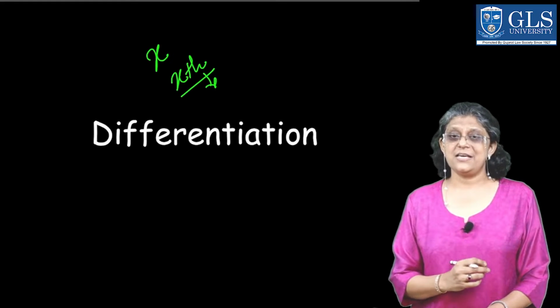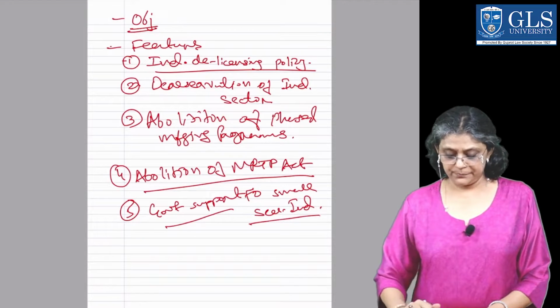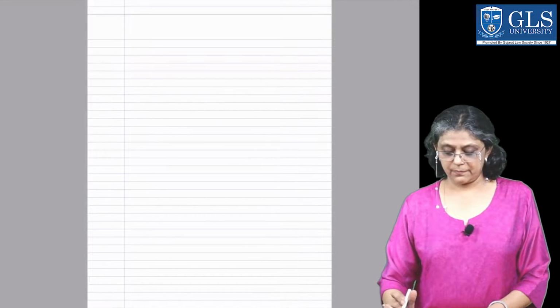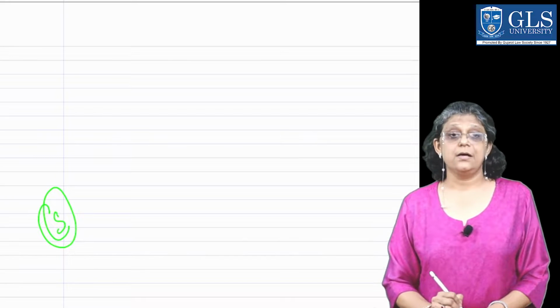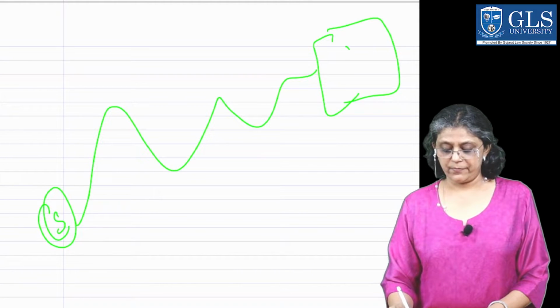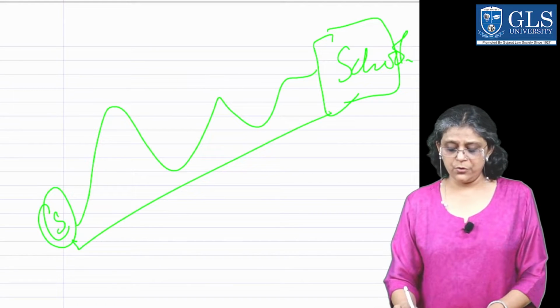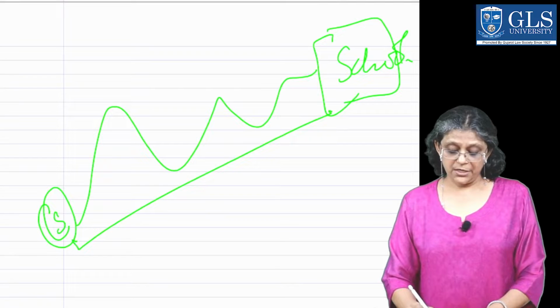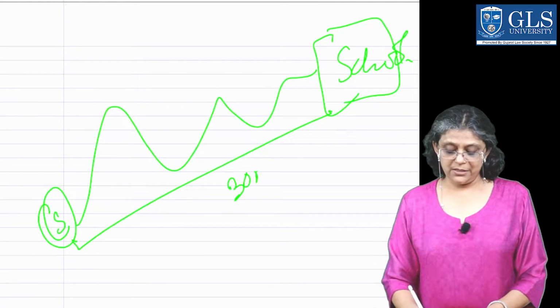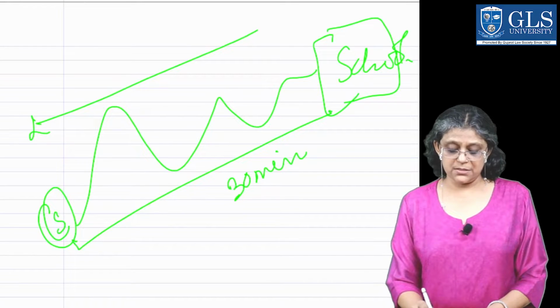Say there is one person who is staying here, and he goes to his school, and this is his school. If he reaches from here to the school, it will take 30 minutes. The distance covered is 1 kilometer.